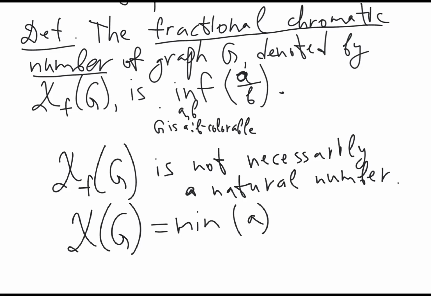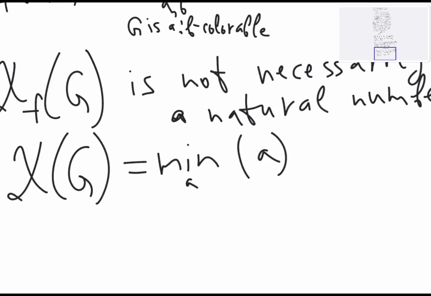So we denote the same by the same letter A. The chromatic number of G is the minimum over all A such that G is A colorable.